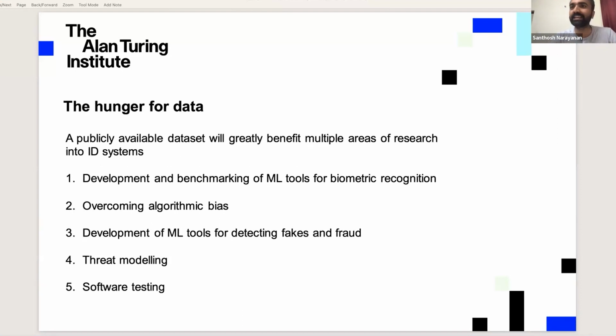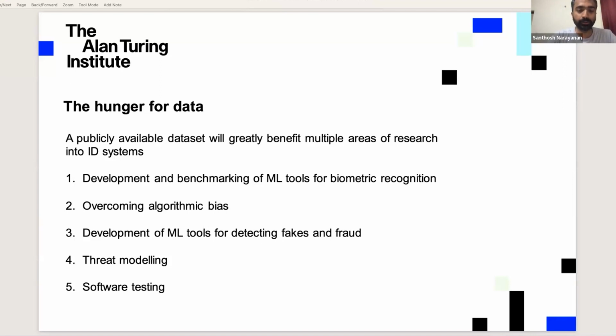But we'll see later why whatever data that we have, which is being currently used for the development, may not be good enough. Secondly, there are a number of academic research out there, as well as a wide consensus even in the industry that a lot of these algorithms have some sort of a bias, which is making it unfair for certain sections of the population.